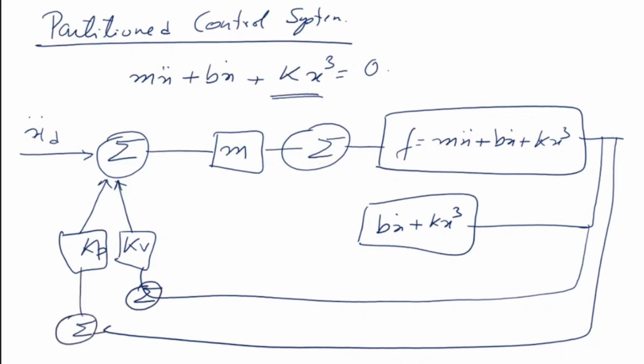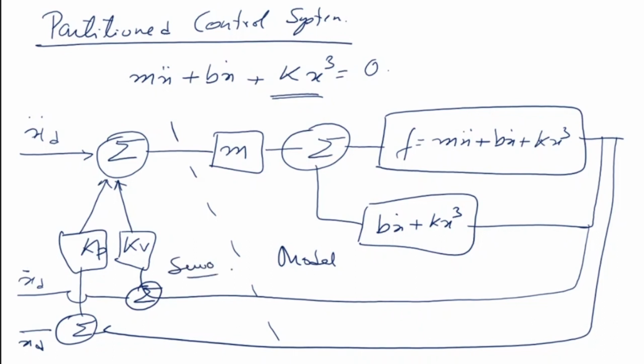Now we have partitioned this. We'll get our x_d, and what we are going to get here is x_d dot. We are dividing it into two parts: this is my model part and this is my servo part. What you can see very clearly is that the servo part is independent of all those m, b, k parameters, which are nonlinear.